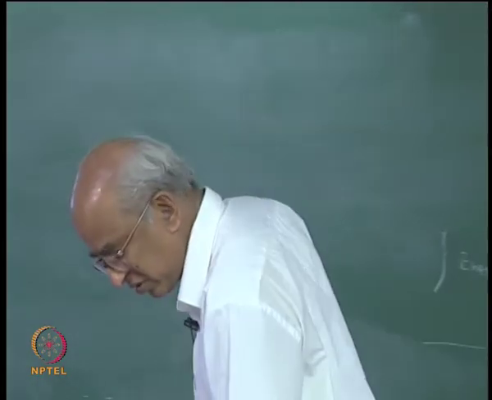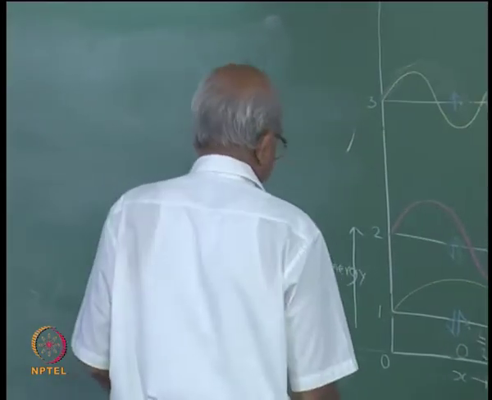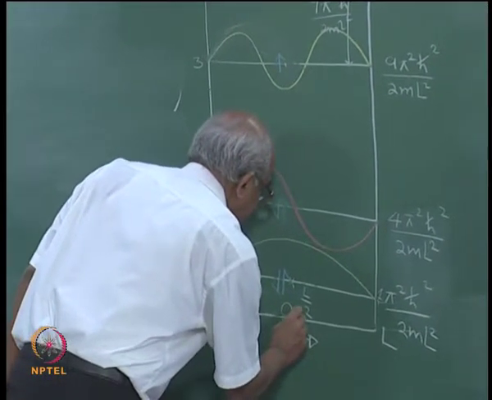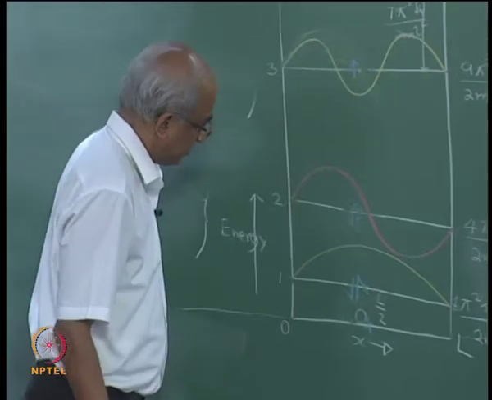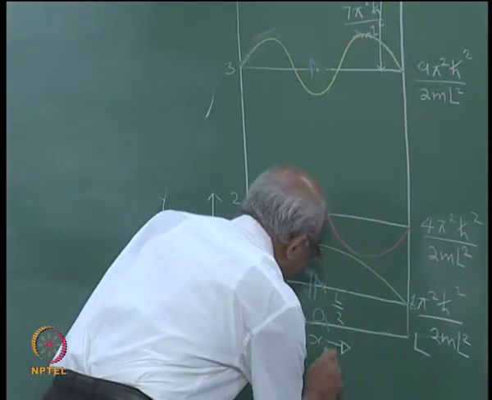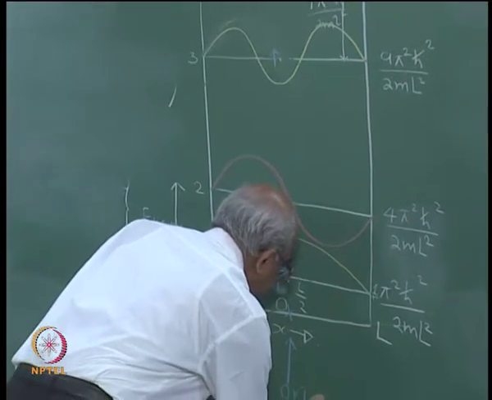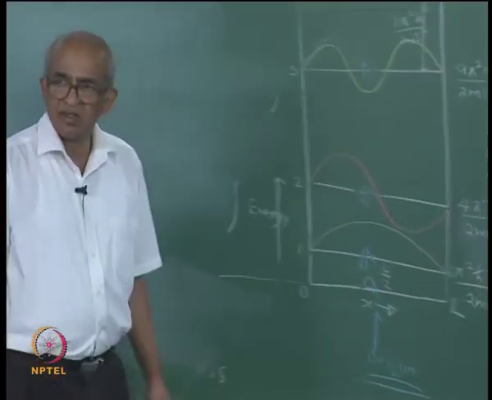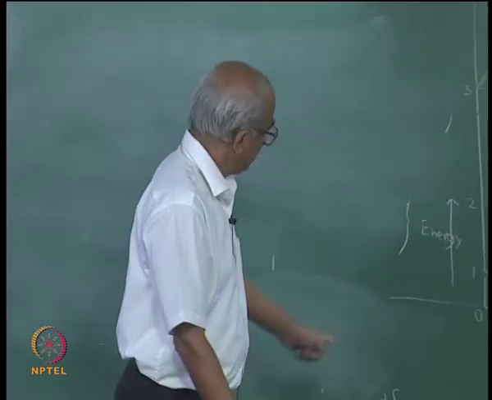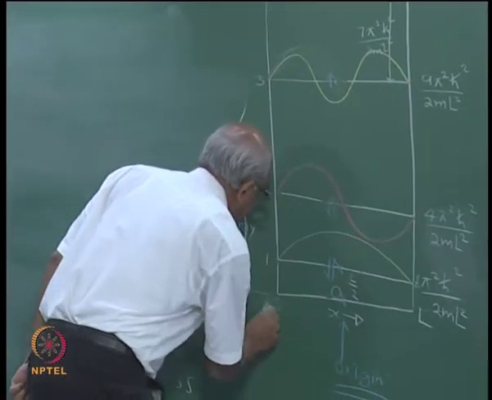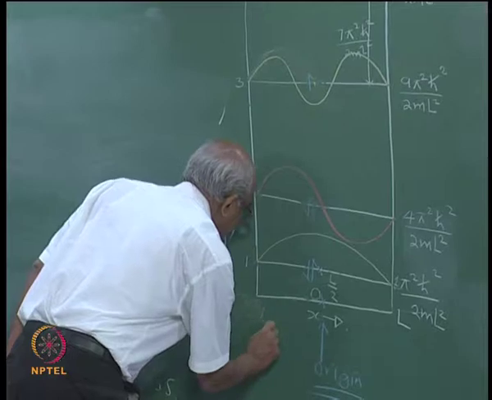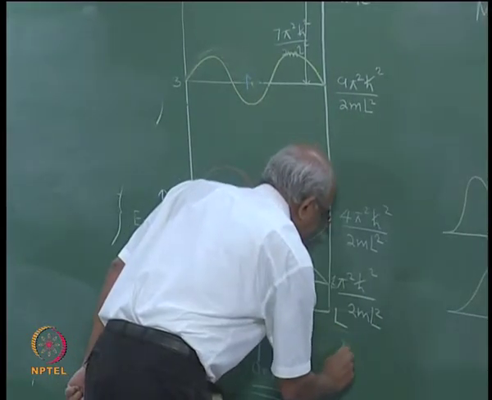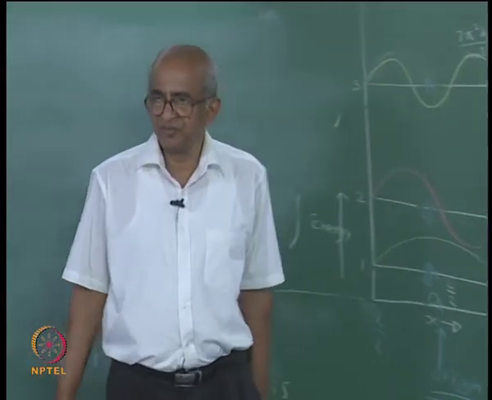So, what I am going to do is shift my coordinate system and take the origin right in the middle of the box. This is my new origin. Then this boundary will be at minus L by 2 and that boundary will be at plus L by 2.